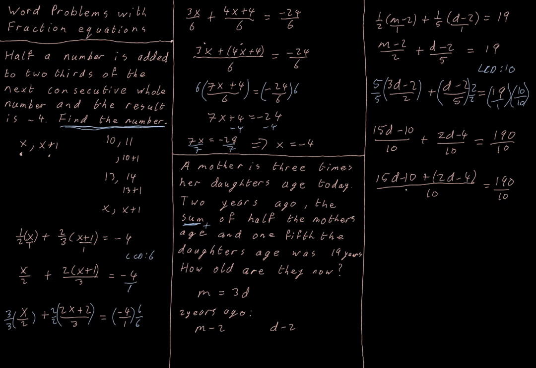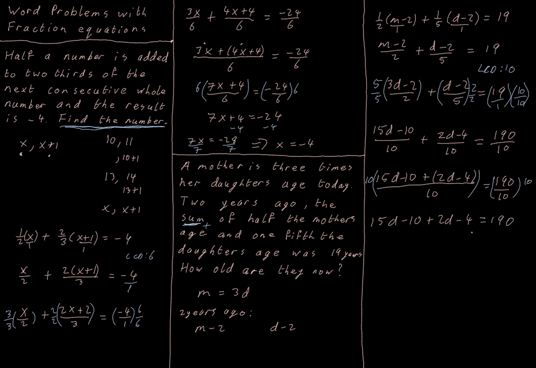Now I have like with like. I have tenths compared with tenths, so I can say this top line must equal this top line, or I can put in that 10 divided by 10 is 1, and 10 divided by 10 is 1. So I end up with 15D minus 10 plus 2D minus 4 is equal to 190.